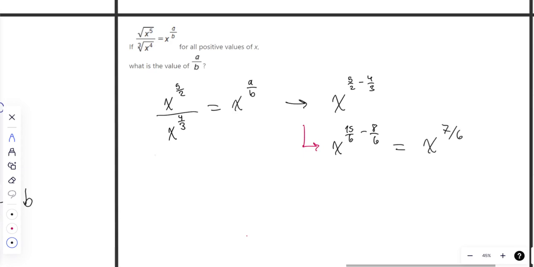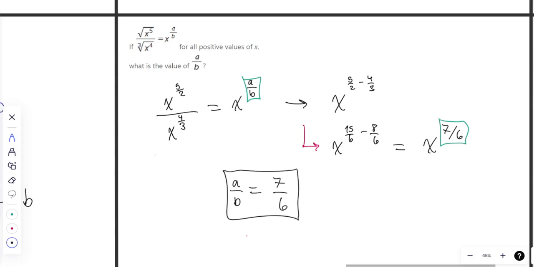So if we're comparing that to a over b and 7 over 6, a over b has to equal 7 over 6. That one's very quick as long as you know your exponent rules.